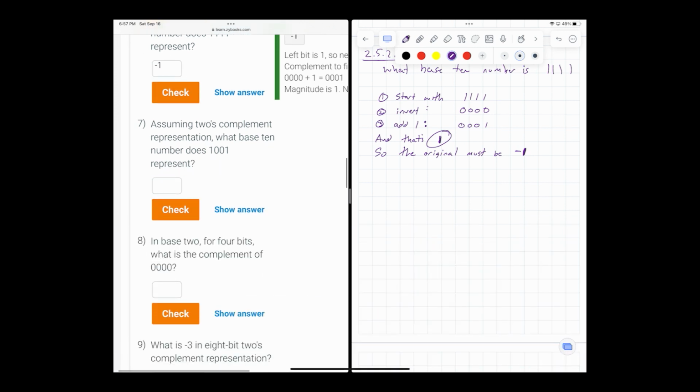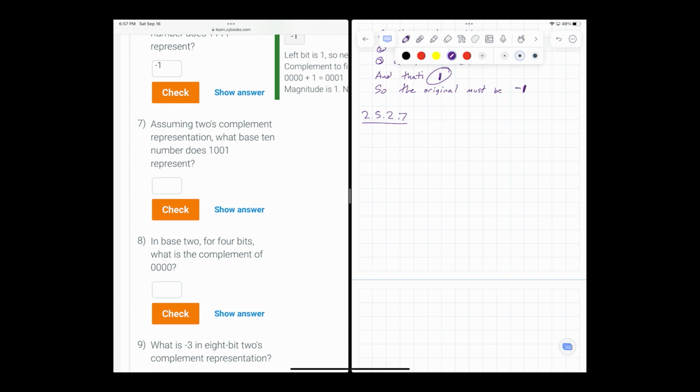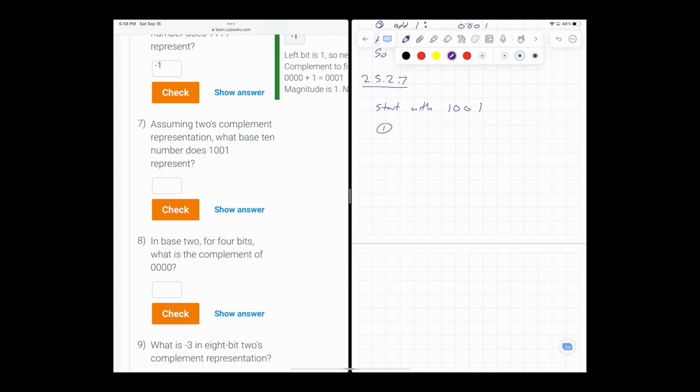Okay, and the same thing for number 7 here. On number 7, we don't know what number 1001 is, but we know that it's negative, right? Because the left bit is a 1. So we do know it's a negative number, which means we have to convert it to know what it is. So what you would do is you would start with 1001, which we don't know what it is. We're going to invert the bits: 0110.